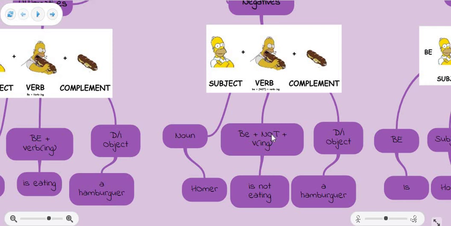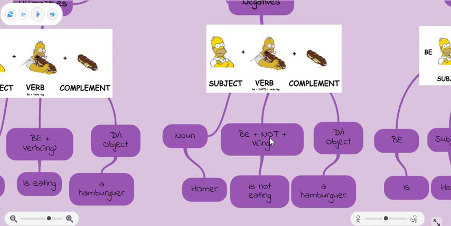The verb be plus the not particle can be contracted, so we can say I am not, he isn't, she isn't, it isn't, we aren't, you aren't, they aren't. We can use it in that contracted way, or for more formal text we can say I am not, he is not, she is not, it is not, we are not, you are not, they are not.